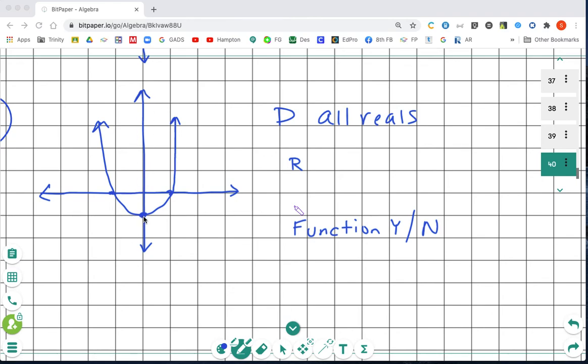So this is -1, and all of my y's are greater than -1. So y is greater than or equal to -1. If I do my vertical line test, I'll find out that yes, it is a function. And now you've reviewed for your quiz.